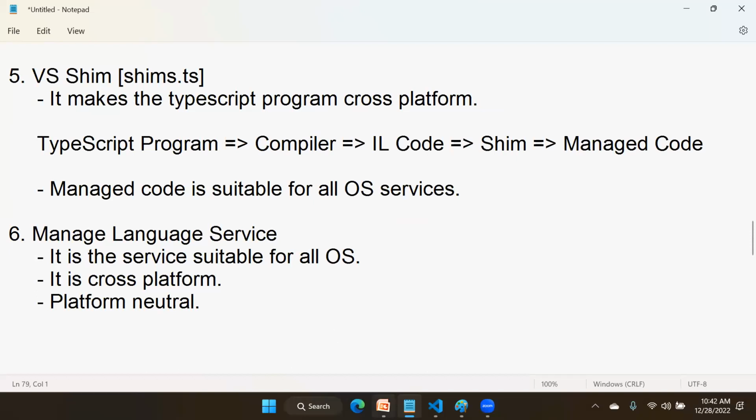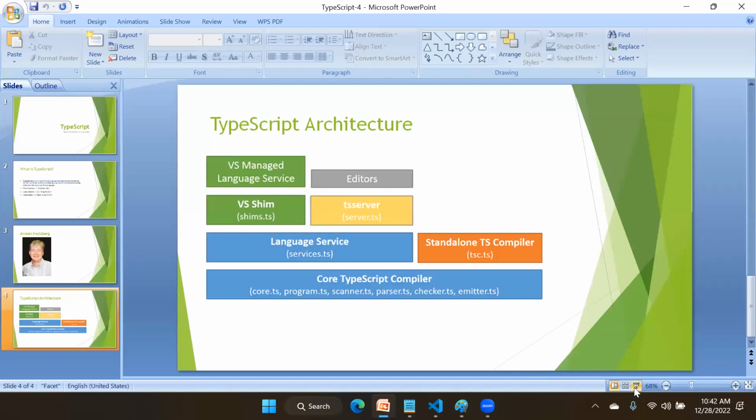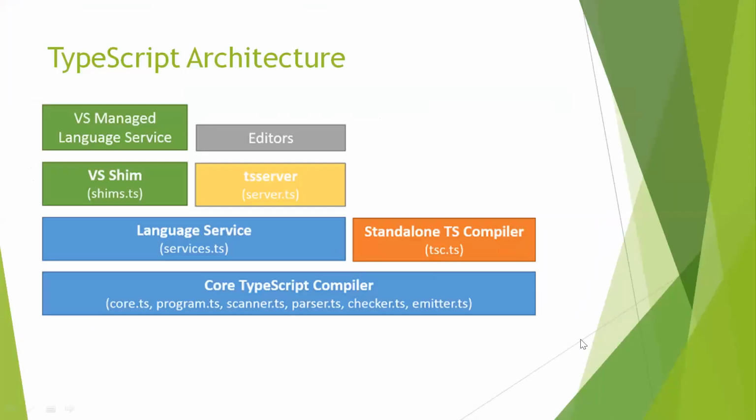I hope everyone is clear, right? We learned two things: what are the features of TypeScript and what is the architecture of TypeScript. In the TypeScript architecture, what is the role of the core compiler? The core compiler's role is verifying the errors in the program. After that, translating that into JavaScript is done by the standalone compiler.